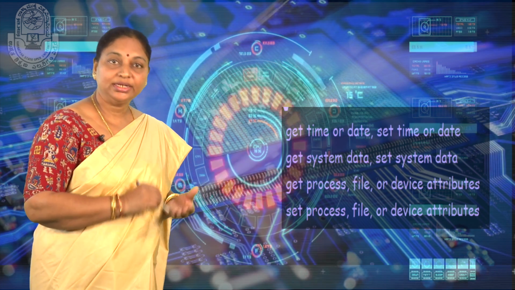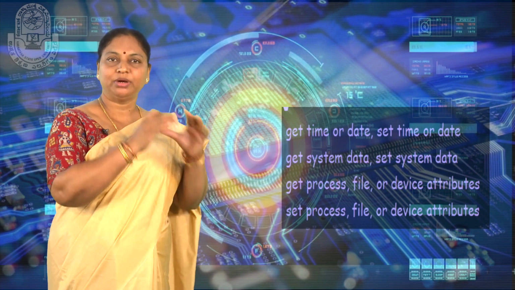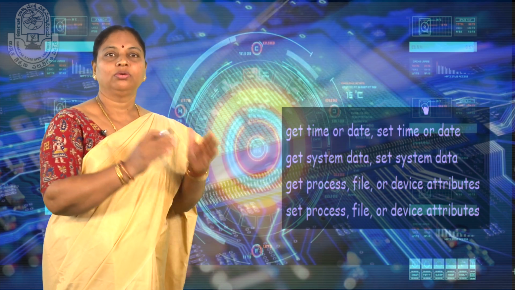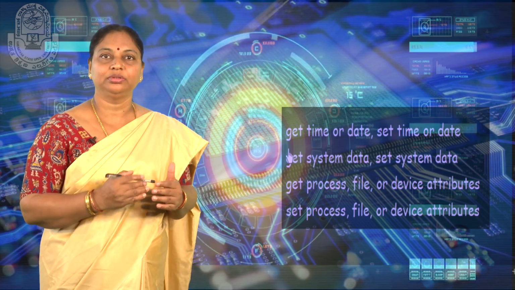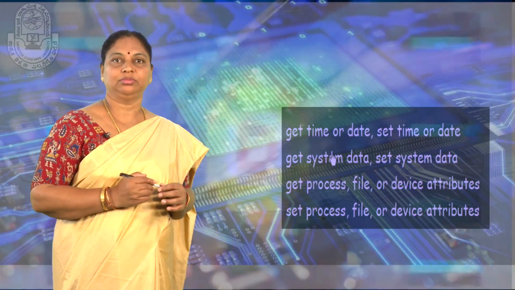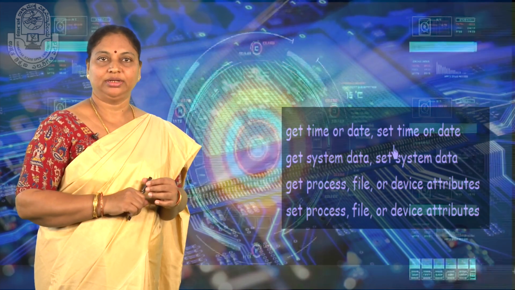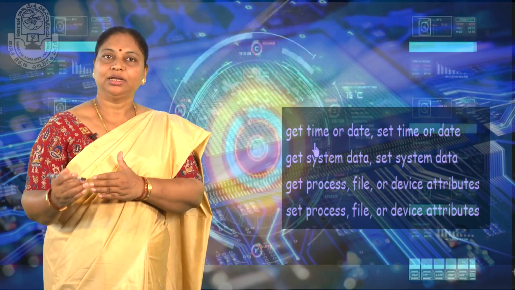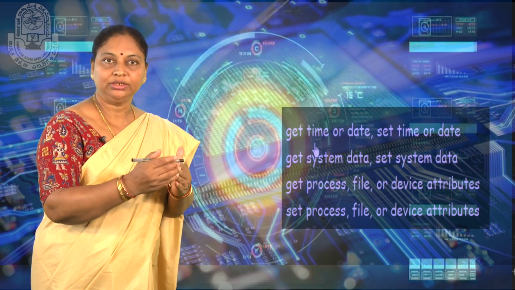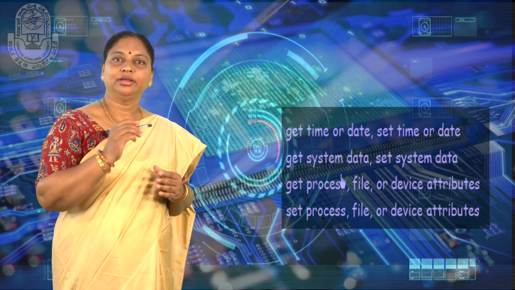Then we have get system data, set system data. At that particular instance of time, the information available related to the status of the system is obtained by using get system data, whereas the status of the system will be set to the user's convenience by using set system data.